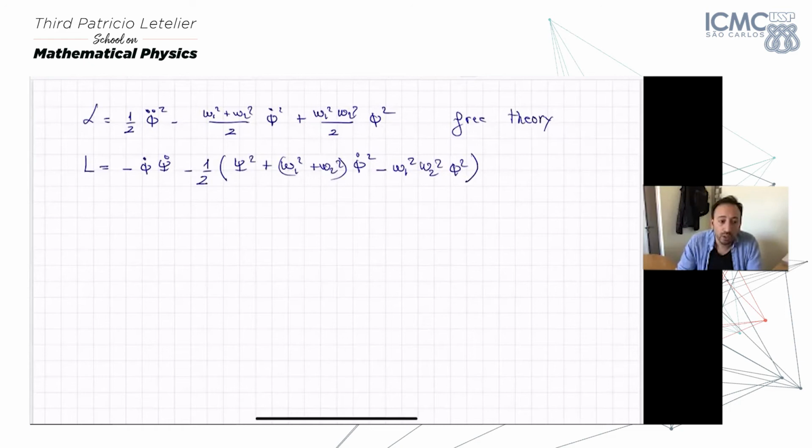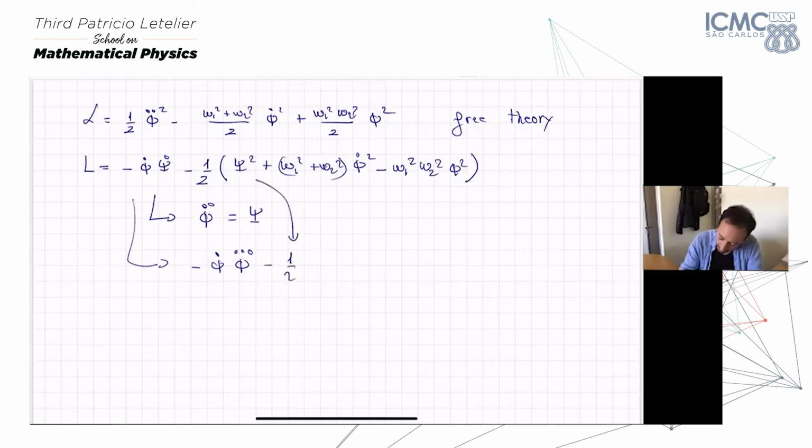I'm saying that these two theories give the same equations of motion. The reason is, if I do the variation with respect to psi dot, it will give me phi double dot equal to psi. So if I replace that back into the Lagrangian, I will get a minus phi dot, phi triple dot, minus 1/2 phi double dot squared. Here I can do an integration by parts.